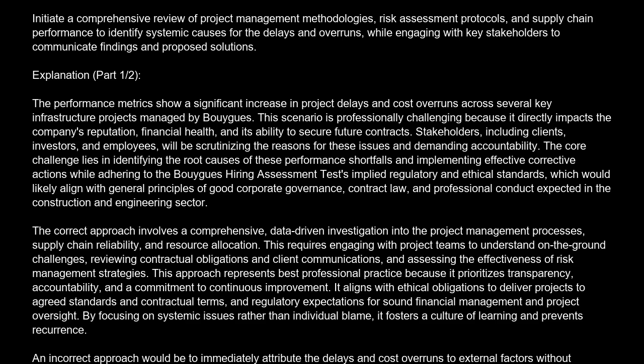This approach represents best professional practice because it prioritizes transparency, accountability, and a commitment to continuous improvement. It aligns with ethical obligations to deliver projects to agreed standards and contractual terms, and regulatory expectations for sound financial management and project oversight. By focusing on systemic issues rather than individual blame, it fosters a culture of learning and prevents recurrence.